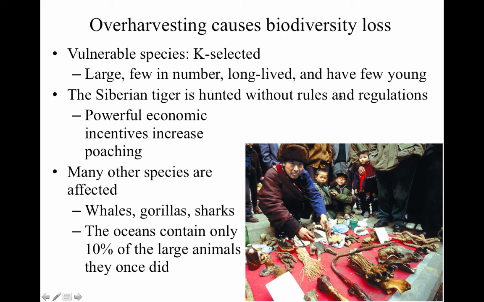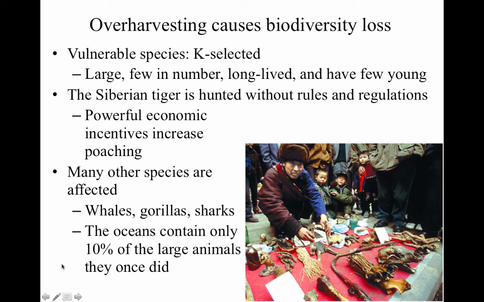So taking away one animal could have an impact on the amount of reproductive possibilities. Siberian tigers are hunted without rules and regulations. So there are powerful economic incentives that increase the poaching, and it's in an area where the law does not have an effect. Other species are affected, such as whales, gorillas, and sharks, and this is troubling.